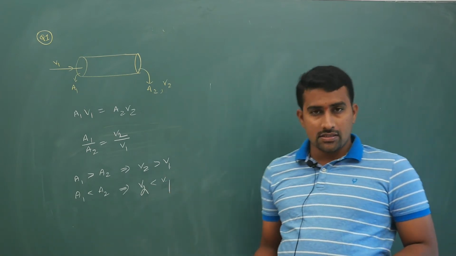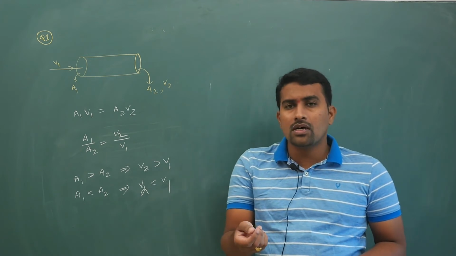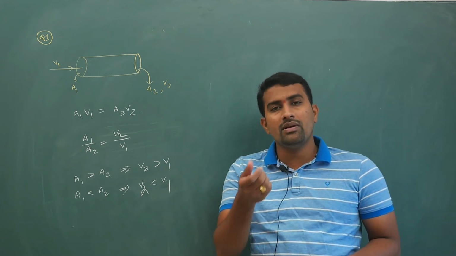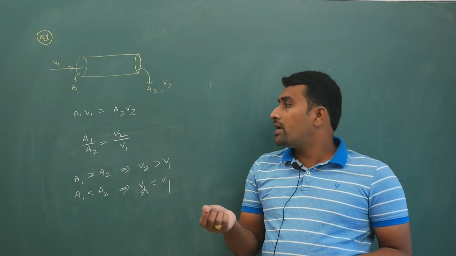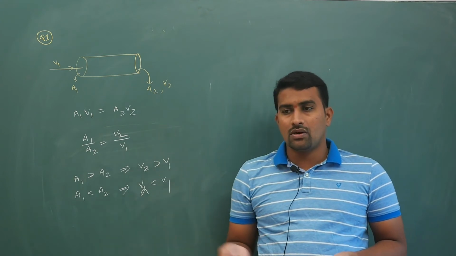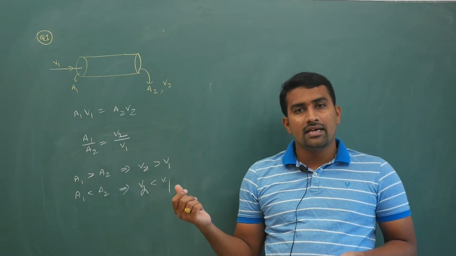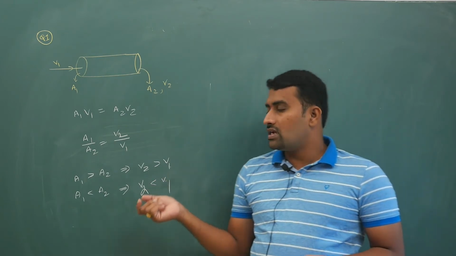So my point is, while washing a car or bike, what do we do? We press the pipe. Indirectly, what are we doing? We are decreasing the area of cross section. If you decrease the area of cross section, what will happen? Your velocity will increase. That is why we do that.